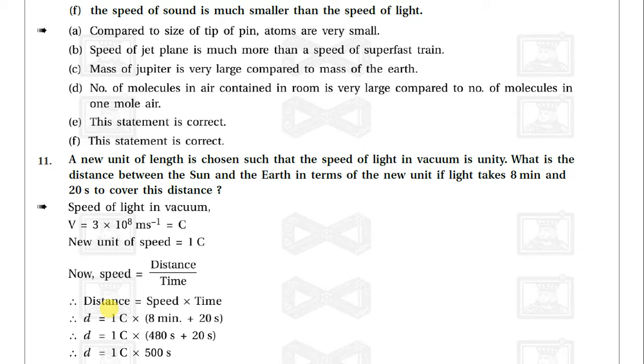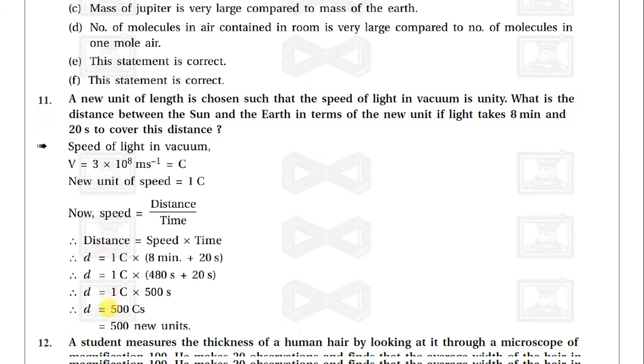Okay, suppose we have discussed taking c as a unit. So c, 3 into 10 raised to 8 meters per second, per new unit of speed is equal to 1 c. So 1 c denotes the new speed, and distance d is equal to speed into time.